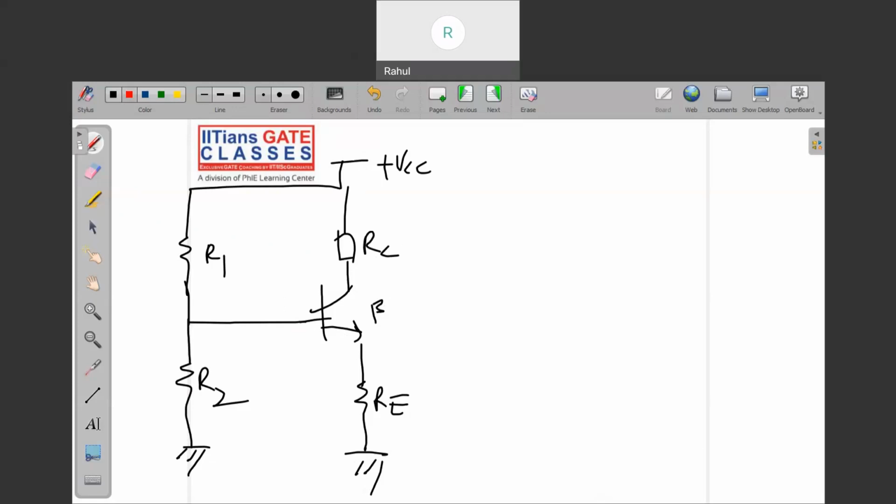So directly you can use division and find these potentials. But if beta is not high, then IB will be there. So what you can do is see from here and theorize it.